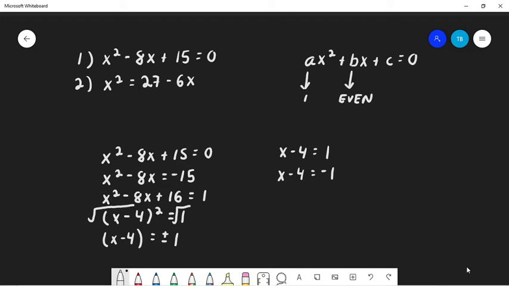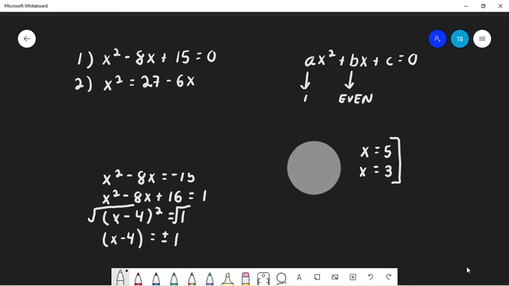So if x minus 4 is positive 1, then x would be equal to 5. And if x minus 4 is negative 1, then x would be equal to 3. We simply add 4 to both sides of the equation in both cases. So these would be our two answers to the first quadratic equation, x equals 5 and x equals 3.